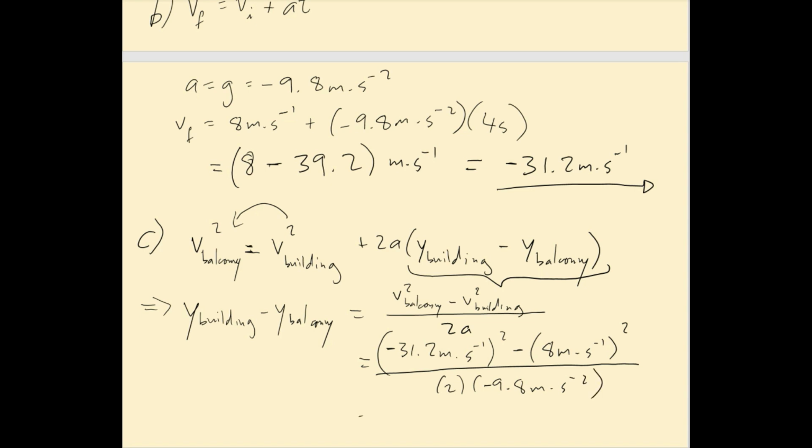And if we plug this into the calculator, what do we get? Well, 31 squared minus 8 squared is equal to some number.